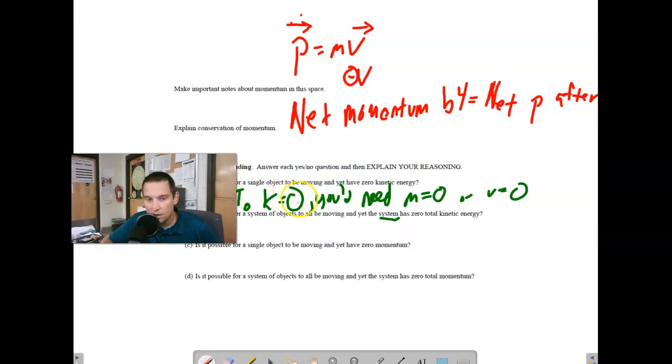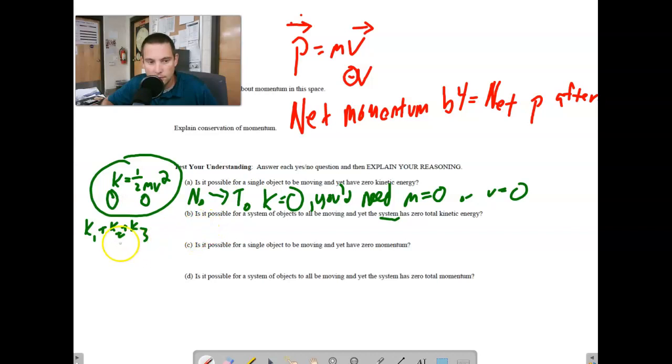If k equals 1/2 mv squared, as we see right here, then you would need to have negative kinetic energies. And we can't have negative kinetic energies. So no.